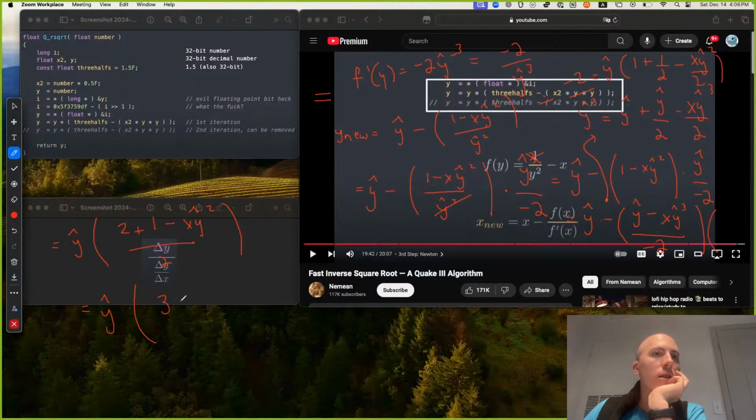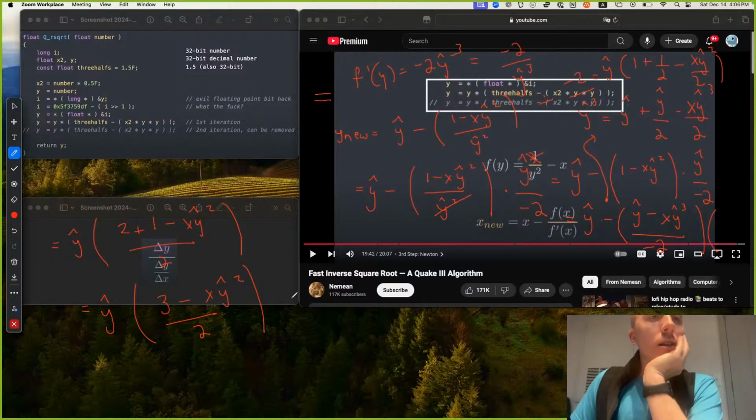Oh, there's the 3 minus x y hat squared over 2. We're getting close. I guess we could say this is equal to y hat times 3 halves minus x y hat squared over 2.